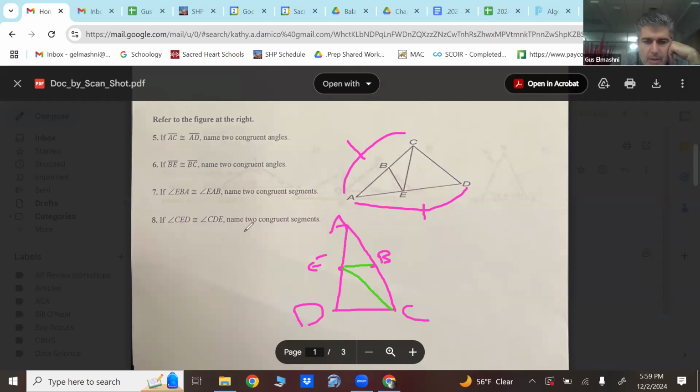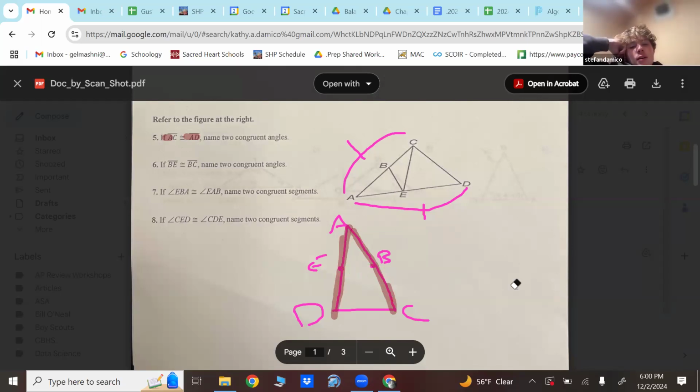Okay, so now let me highlight it. Those are the same, right? I highlighted AC and AD. So if those are the same, what two angles could also be the same? And let's get rid of these in the middle because that's kind of distracting.